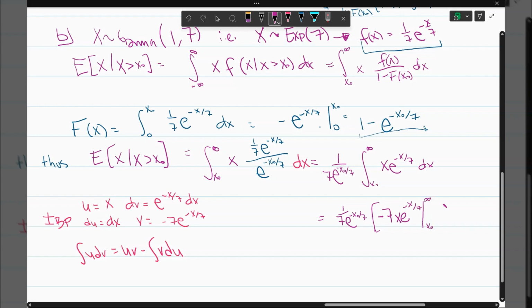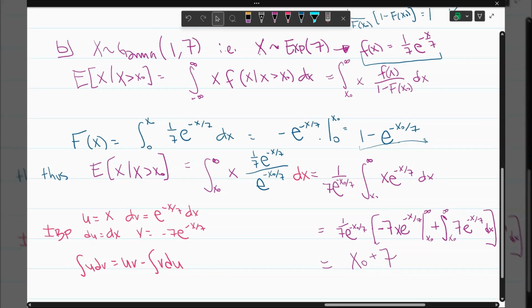The v du will end up being a plus integral from x naught to infinity of 7 e to the minus x over 7 dx. Now that can be integrated fully, and I'll let you fill in the blanks, but we end up with an answer of x naught plus 7 as our expected value.